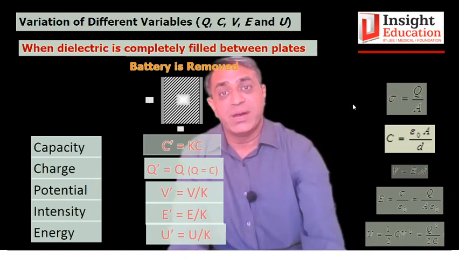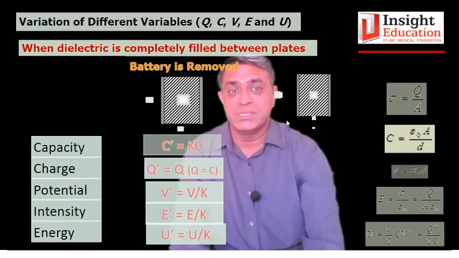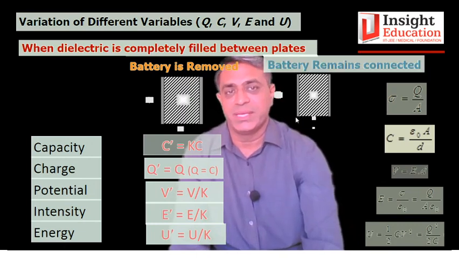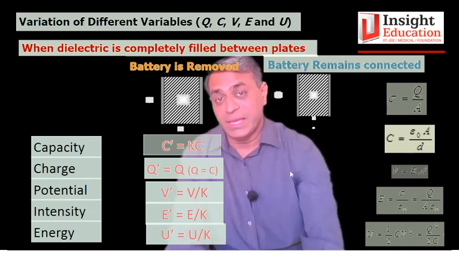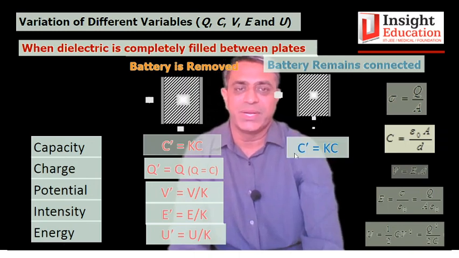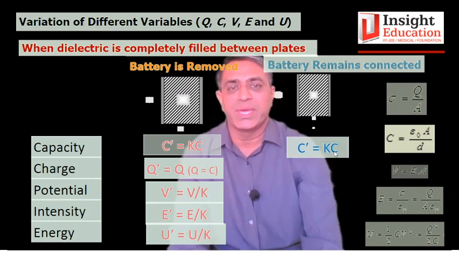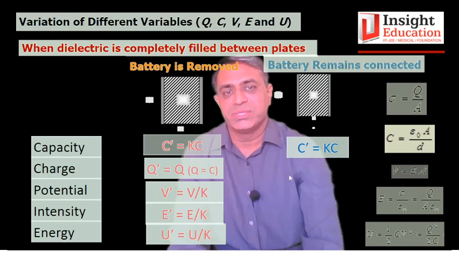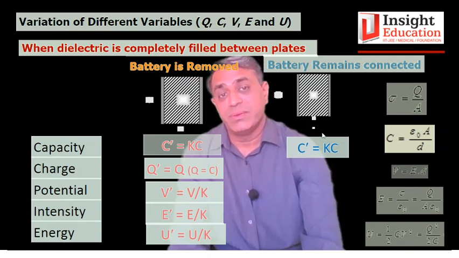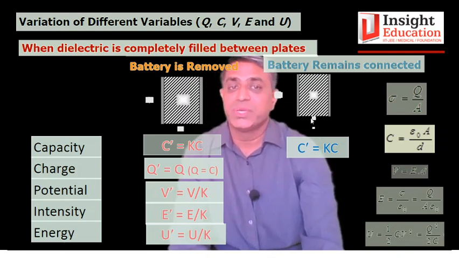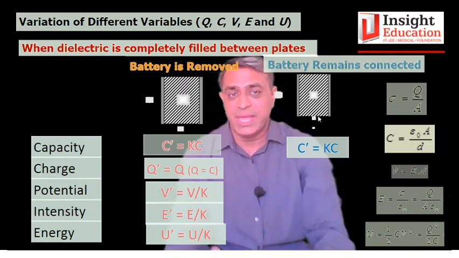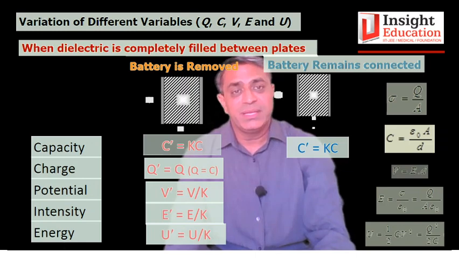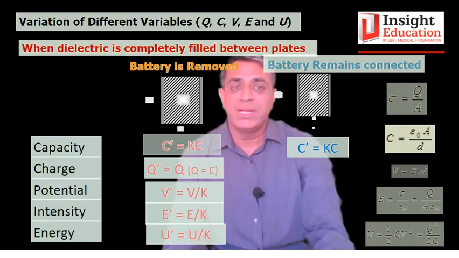Now we can consider the other case, when the capacitor is connected to the battery. The battery remains connected. First, the capacitance increases because of the dielectric material, so C' is equal to KC. Now the charge. If the capacitor is connected to the battery and its capacitance increases, naturally the charge will change.